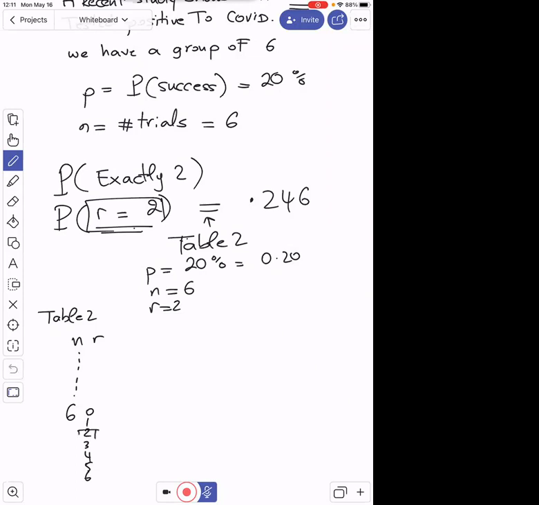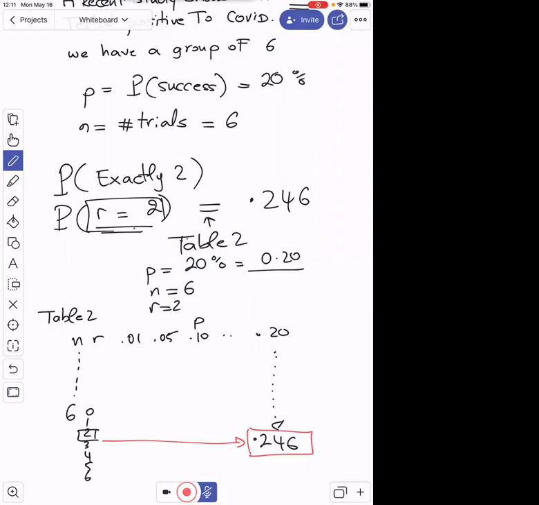And at the top, that's your p. You have 0.01, 0.05, 0.10, etc. Our p is 0.20, right? So you go down where n is 6 and r is 2, and you get the answer 0.246. So this is where you can get your answer.